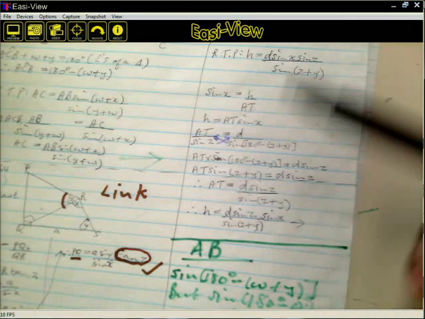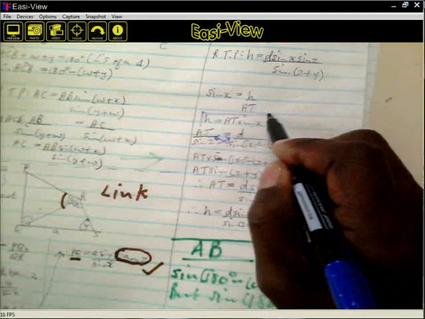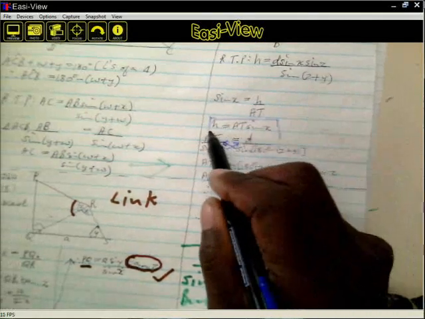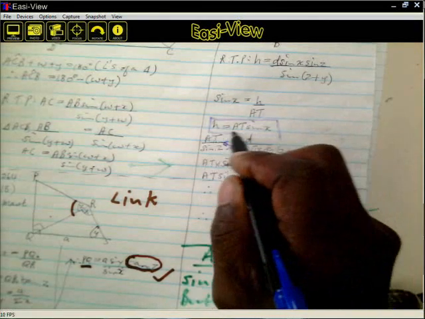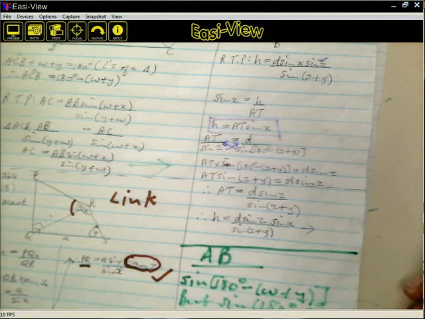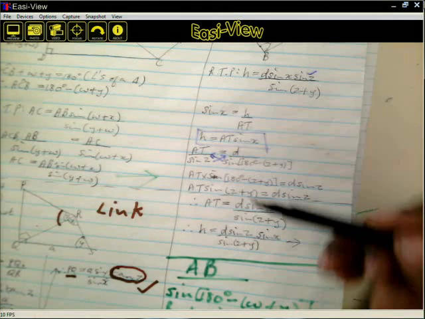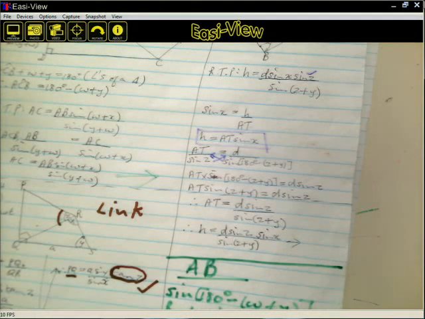And therefore, you go back here. You said h is equal to AT sine x. Here's sine x. But the AT is not there. That's why we had to eliminate it.